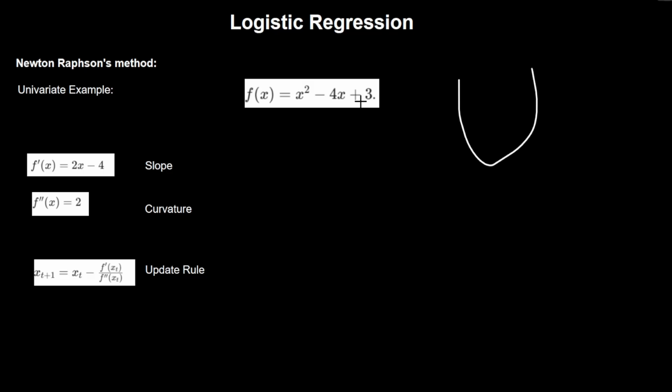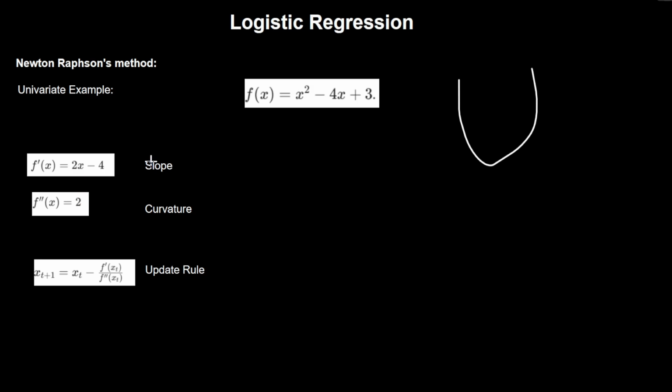So let's see how we can do this. First, we need to differentiate this function in order to get the slope. The derivative of this is just 2x minus 4, and then we calculate the second derivative so we can get the curvature. If you differentiate this again, you'll have only 2, as the minus 4 is a constant.